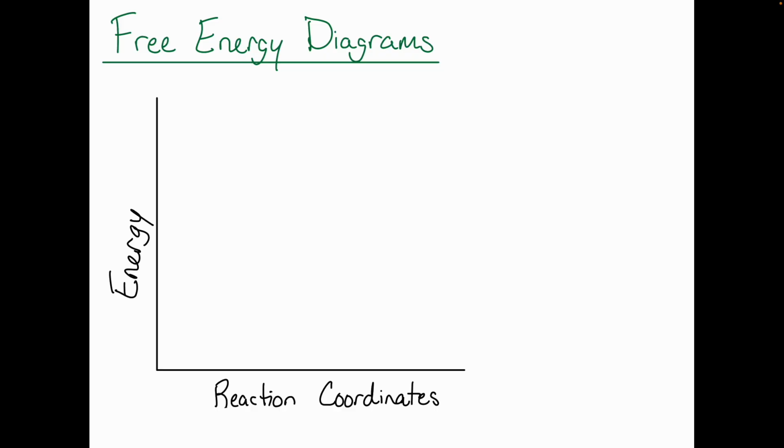Okay. Over here on the left-hand side of our graph, this is our energy of our reactants in our chemical reaction. And on the other side is the energy of our products. All right, and our free energy diagram here is telling us what's happening to our energy as reactants get converted into products.